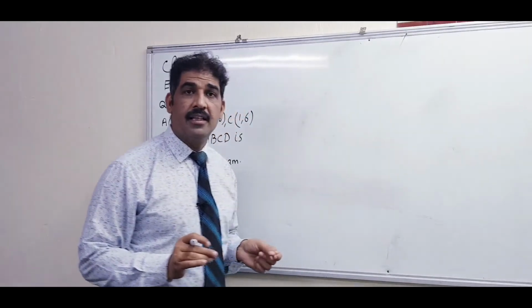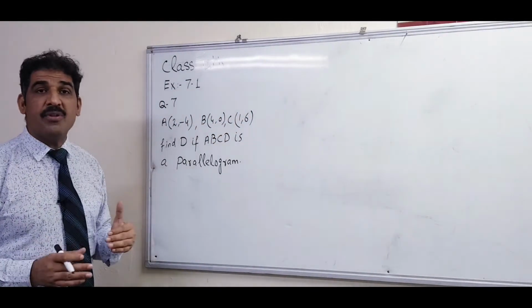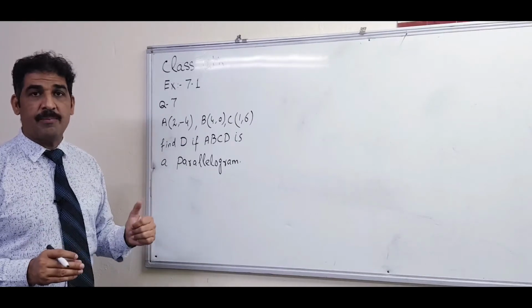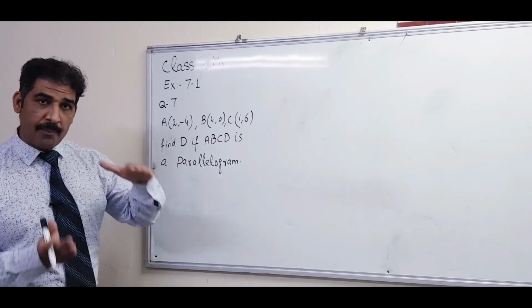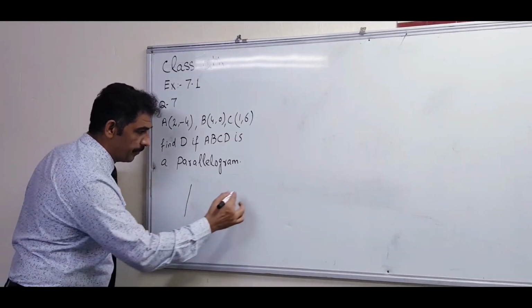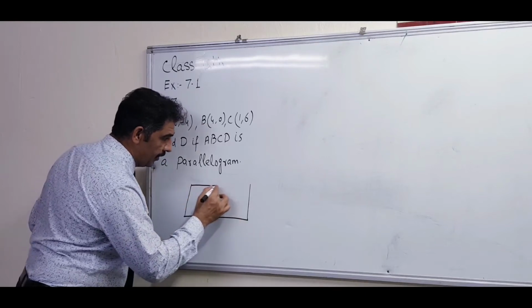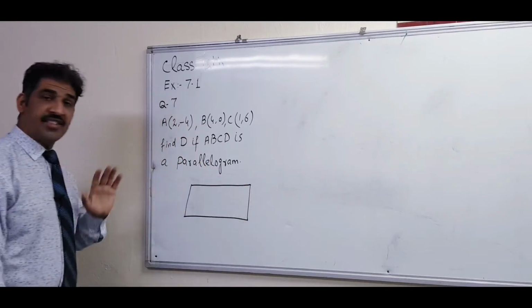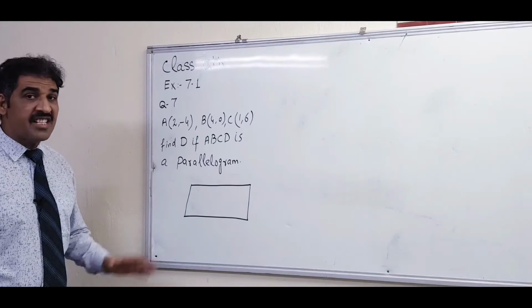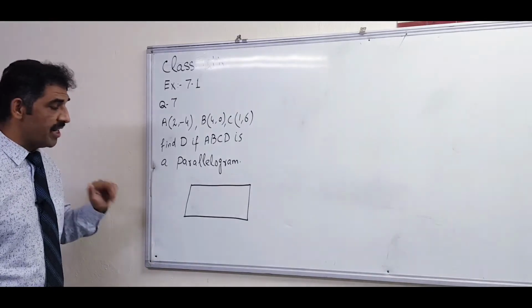So what is a parallelogram? It is a figure whose opposite sides are equal. So its shape is like that. Normally we take its shape like that. But if it is a vector, then how do we make its diagram?